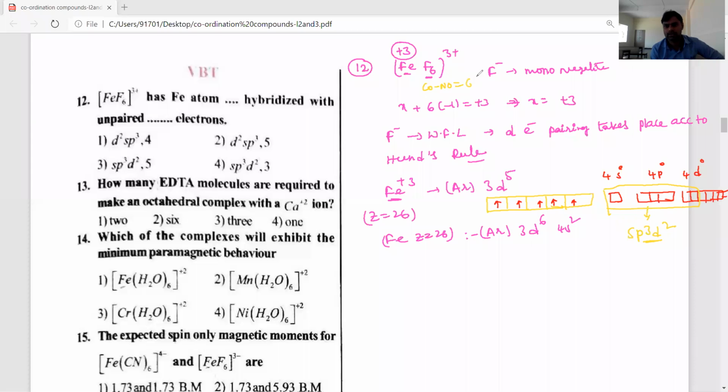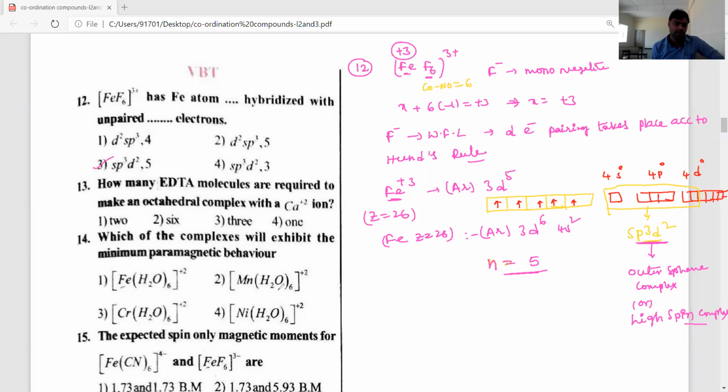Now the number of unpaired electrons, n is equal to 5. The number of unpaired electrons is 5 and the hybridization is sp3d2, which means an outer sphere complex. These are also known as high spin complexes. So different names are present. Now the answer is sp3d2, 5.